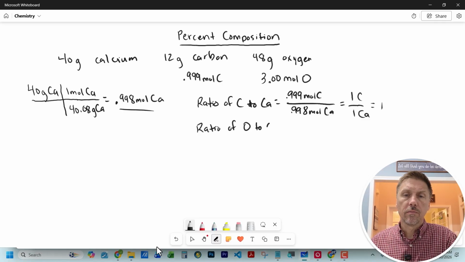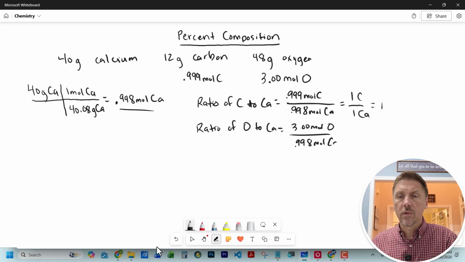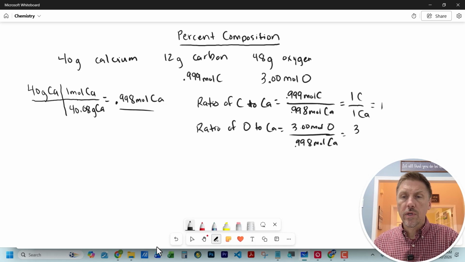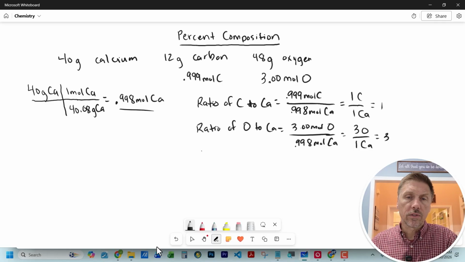And that's 1 C for every 1 Ca. All right, 1-to-1. And then for the ratio of oxygen to calcium, we have 3.00 moles of oxygen over 0.998 moles of calcium, and that equals 3 oxygen to every 1 calcium is our ratio, 3-to-1, right?